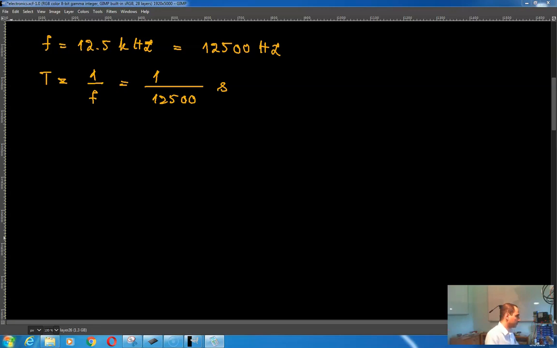1 over 12,500 is the same thing as 8 times 10 raised to the power negative 5 seconds.